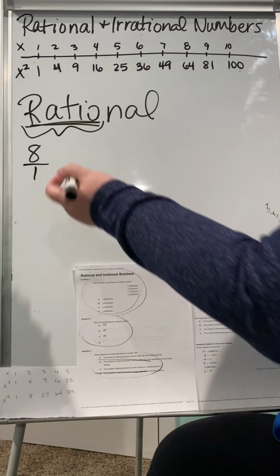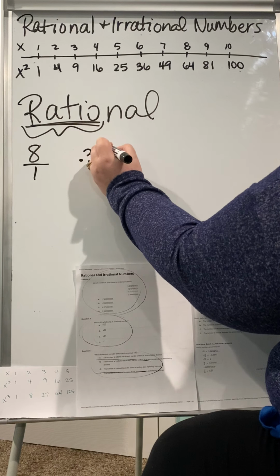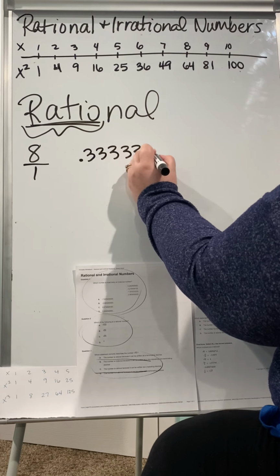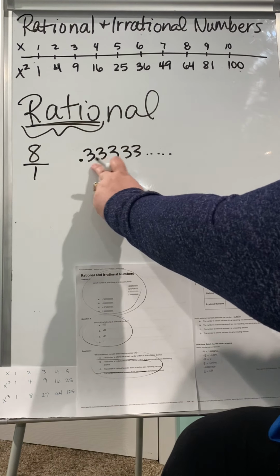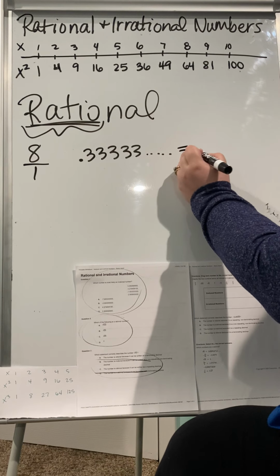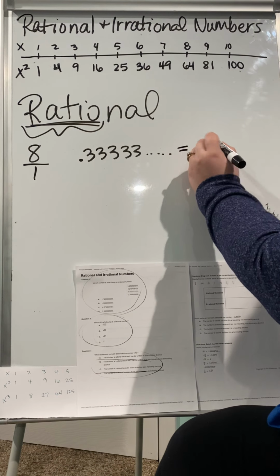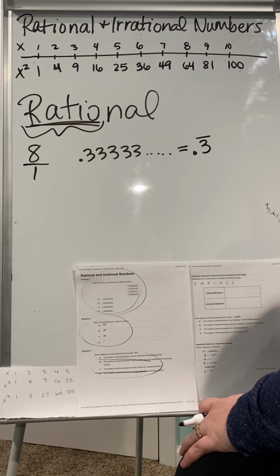All right, let's talk about this decimal. 0.333333. That is what we call a repeating decimal. It goes on and on and on, and it follows the same pattern. You'll sometimes see them written like this with that repeating bar over it. Okay.